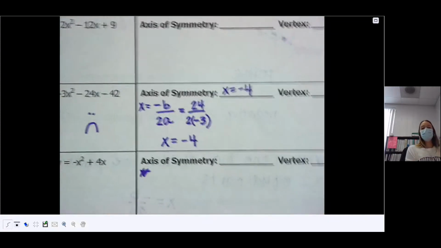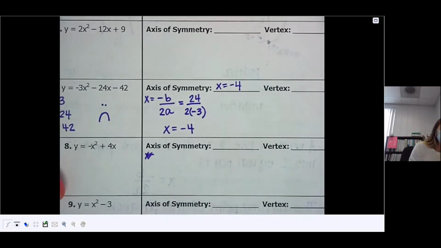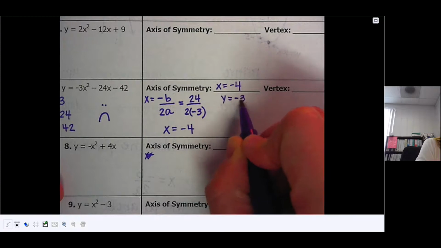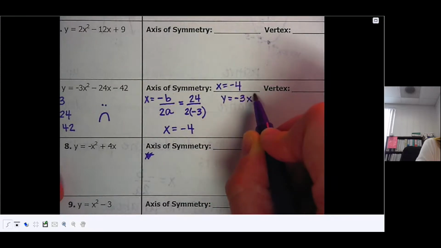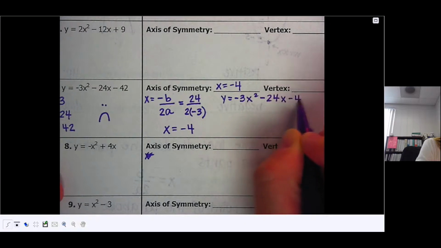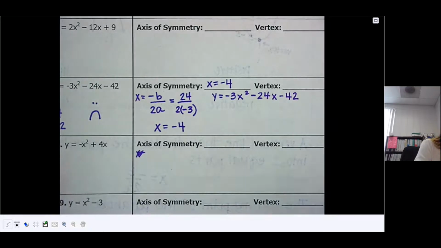Now, how do I find the vertex? What do I have to do? I got to plug it in. Yep, I got to substitute it in. Let's see if we get the same answer. Everywhere you see an X, you're going to plug in negative 4.